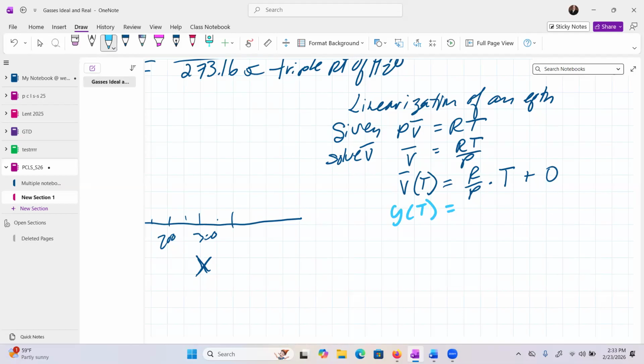Here, let me write it in the generic form for you: y of x equals mx plus b. What do we have here? Here's a function. Here's a slope. There's the variable. And then we have the y-intercept, which we didn't have, so I put plus 0 on there. y equals mx plus b.